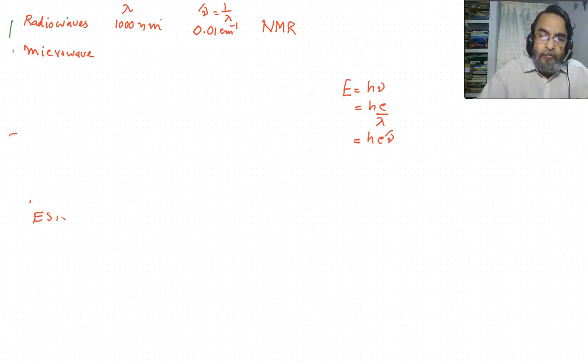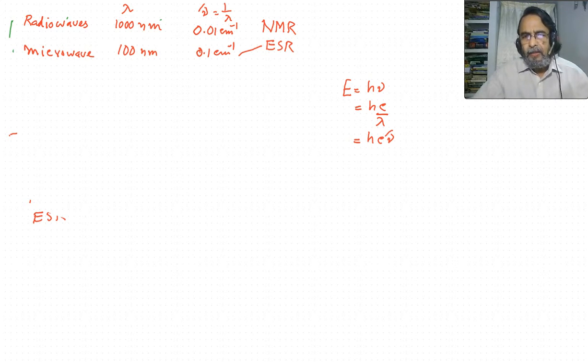The second type of region of electromagnetic radiation is microwave, that is of 100 nanometer. And the wave number you can predict will be equal to 0.1 centimeter raised to -1. And in this region, there are two possibilities. One is ESR. ESR means electron spin resonance spectra.